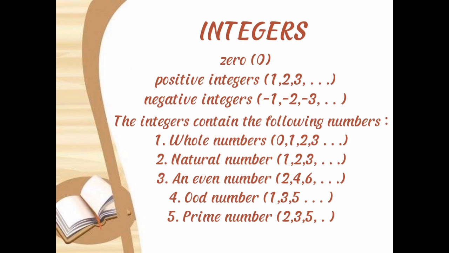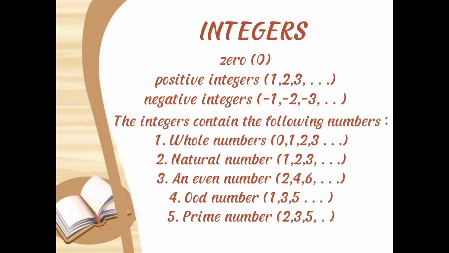The integers contain several kinds of numbers. First, whole numbers, starting from 0, 1, 2, 3, and so on. Second, natural numbers, starting from 1, 2, 3, and so on. Third, even numbers, which are divisible by 2, such as 2, 4, 6, and so on.